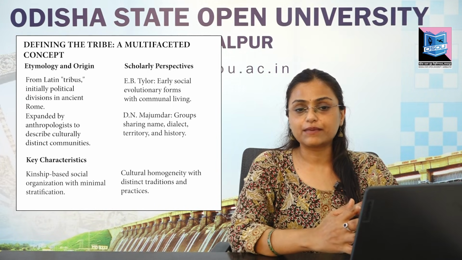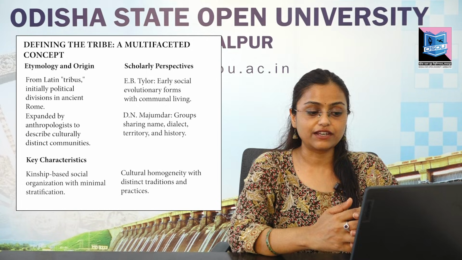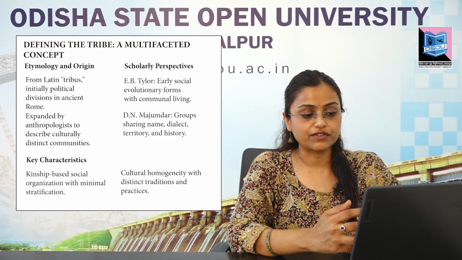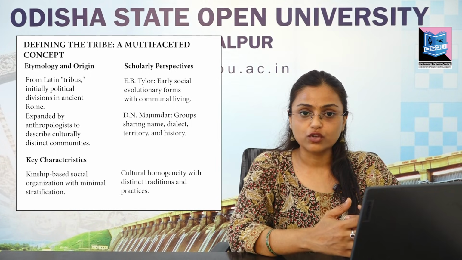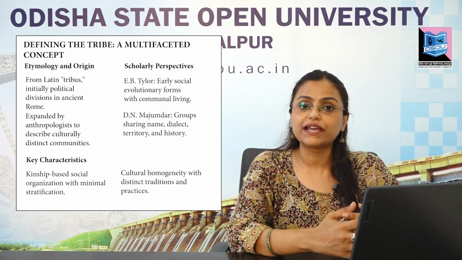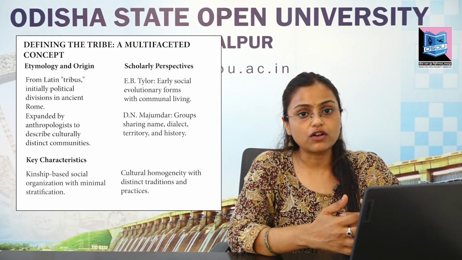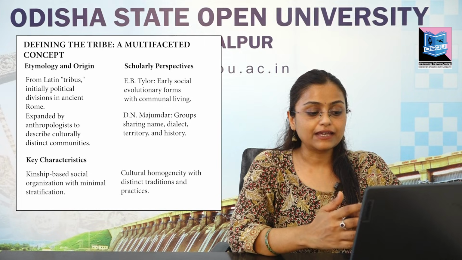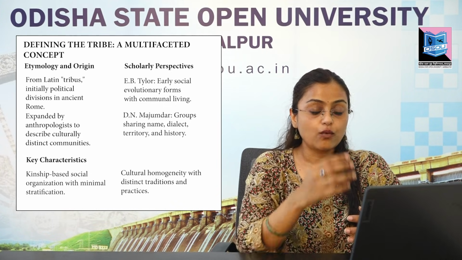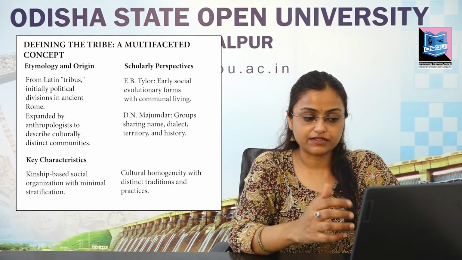Now, looking at the basic understandings of tribes, different scholars have defined tribes in various ways. From the perspective of anthropologists, we see them as groups which include common customs, language, and kinship-based organizations. Looking from the perspective of sociologists such as E.B. Taylor, he believed that tribes represented early forms of society where people lived communally without a structured government.